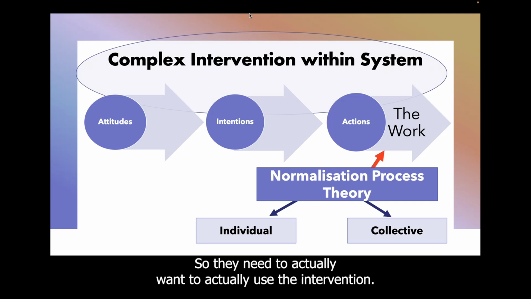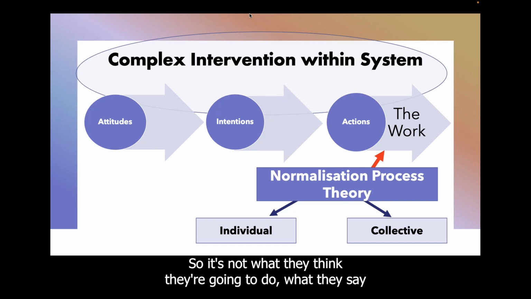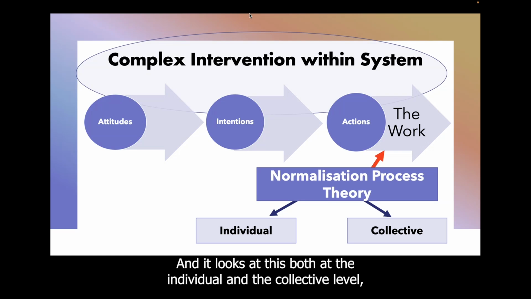So they need to actually want to use the intervention. It doesn't need to cause them extra headaches or extra work. And then finally, they do the work to actually enact the intervention. And normalization process theory focuses on the work that people do. So it's not what they think they're going to do, what they say they're going to do, it's actually what they do. And it looks at this both at the individual and the collective level.